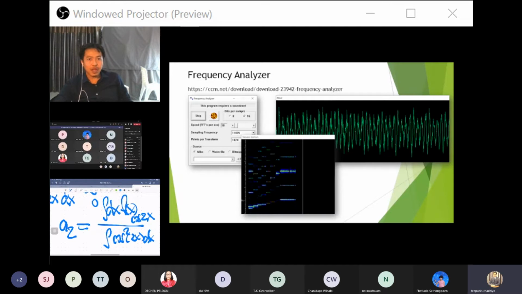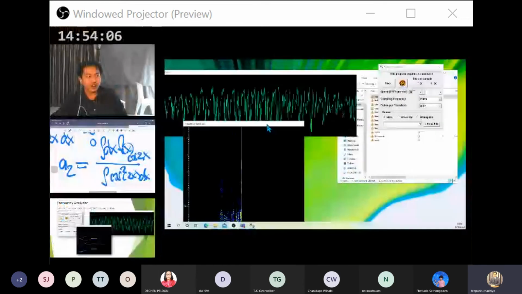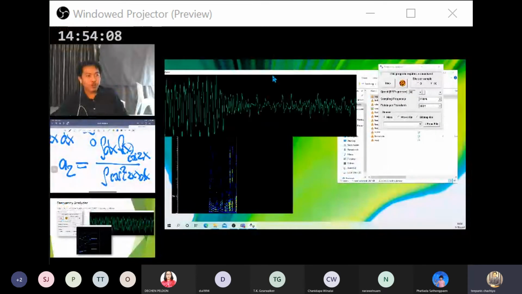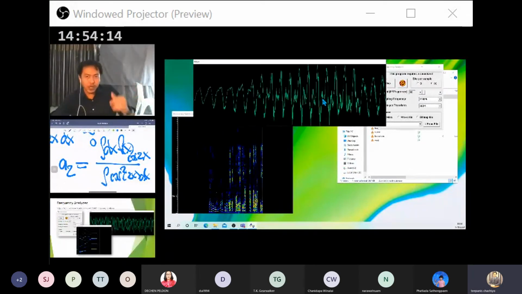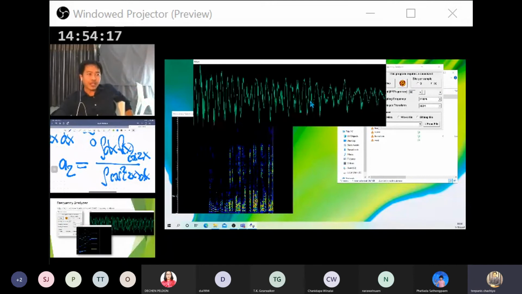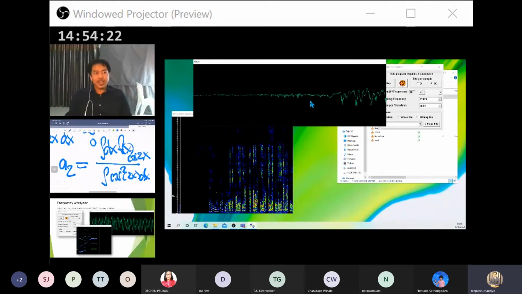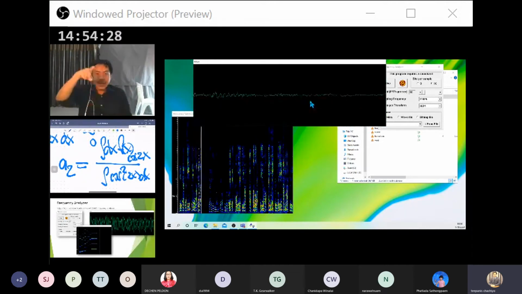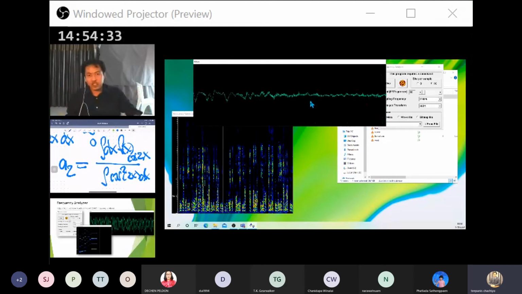I move this over here and over there, and I can change it to my desktop scene. I hope you're seeing this in real time. The big window on top is the real space representation, or in this case real time representation. As I'm speaking, the signal goes up and down, up and down. That is the real time representation.